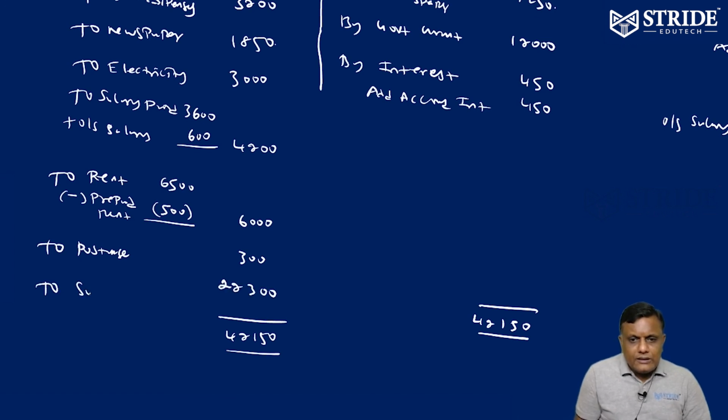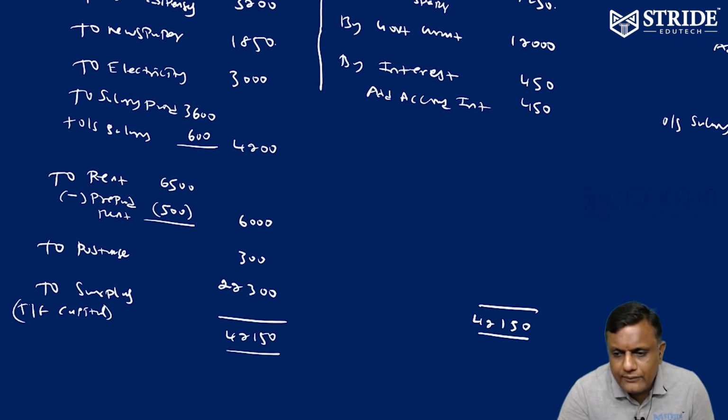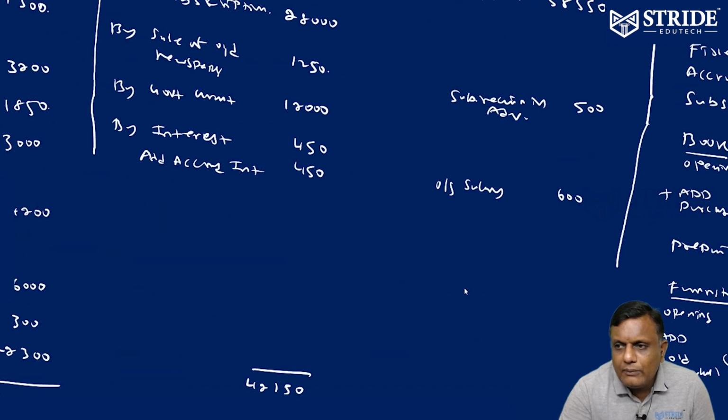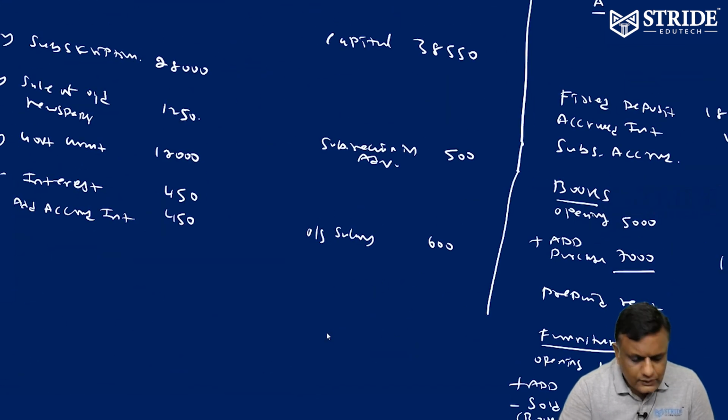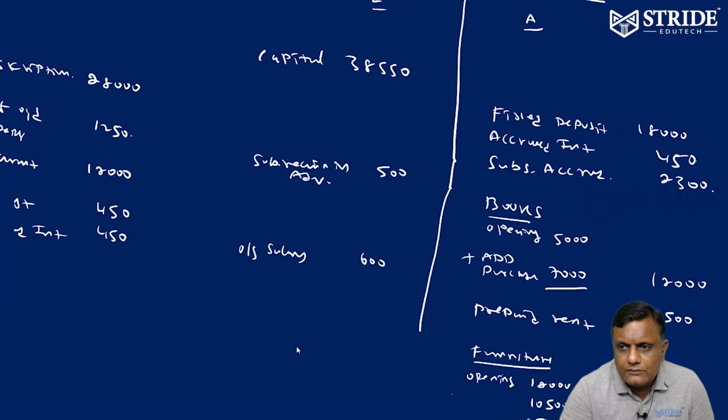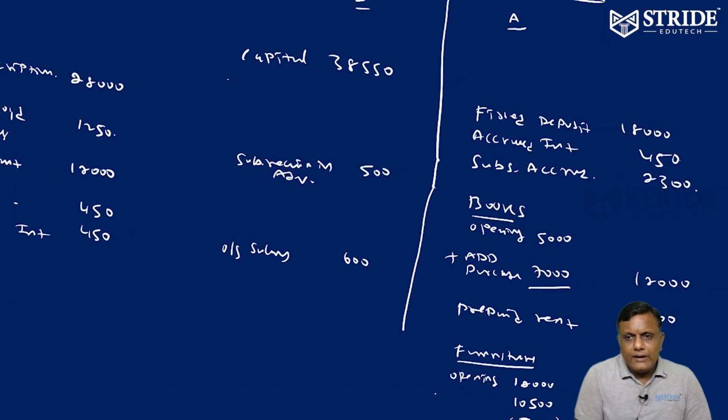It is going to be a surplus. It is transferred to the capital fund. So we are going to transfer 22,300 to capital. In the current year balance sheet, add surplus 22,300. That's it.